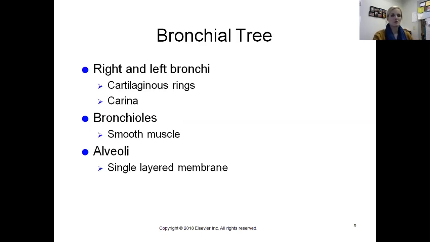Okay, so our bronchial tree. So again, our left and right bronchi also made up of cartilaginous rings, so we can keep it open. Don't worry about carina, but I meant to take that out there. But they are going to, again, pass into each lung. The bronchioles are, as we get a little bit smaller, made up of mostly smooth muscles.